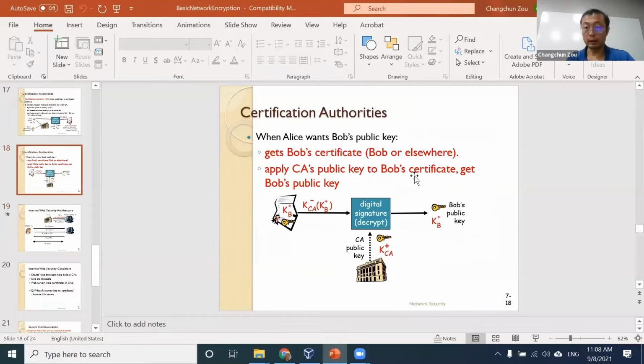So as I said, this KCA minus KB plus is called a digital certificate, or simply a certificate. If you say a website certificate, that is represented by this. Basically, a website certificate is a website public key signed by one certificate authority.